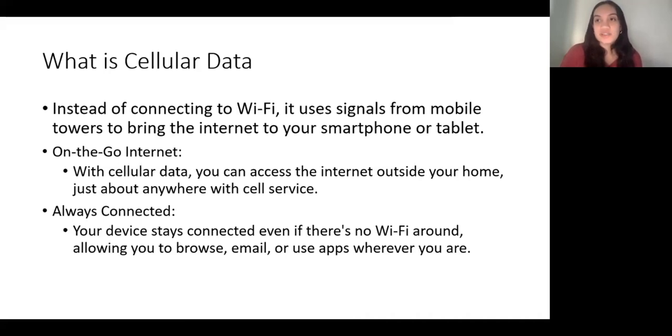So if you know that you're someone here today that does not have an unlimited plan, that means that no, you cannot go outside for 5 hours and be on the internet for 5 hours, because your phone is going to have a limit. And unfortunately, sometimes they don't even send a message that says, hey, you went over your limit.